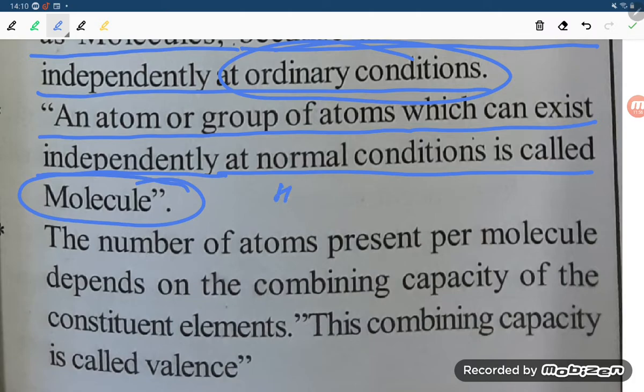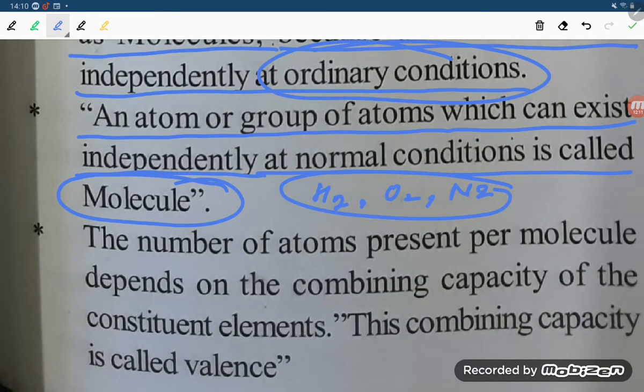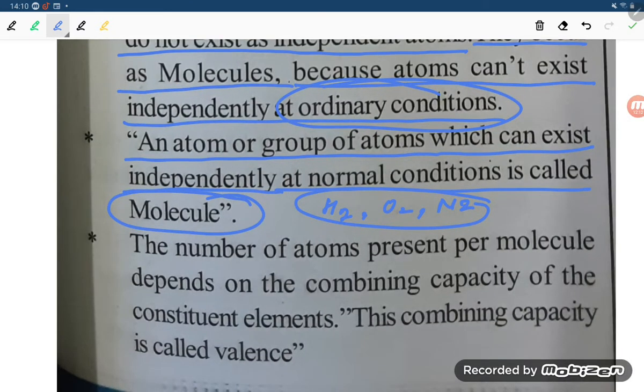Whatever exists at normal condition, like O2, N2, H2, they all are molecules, okay.